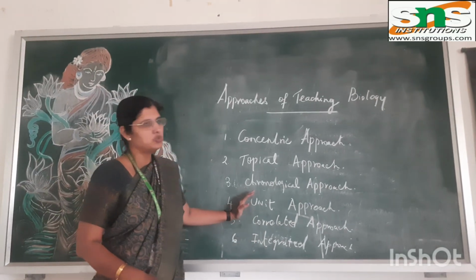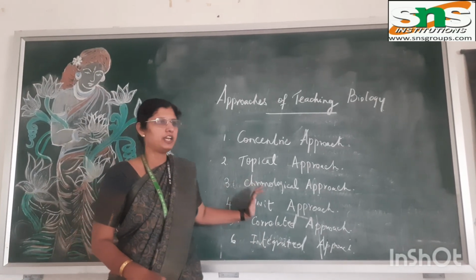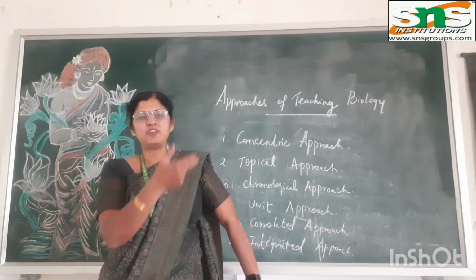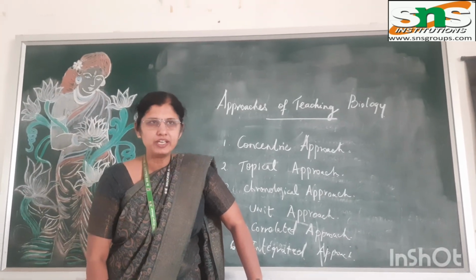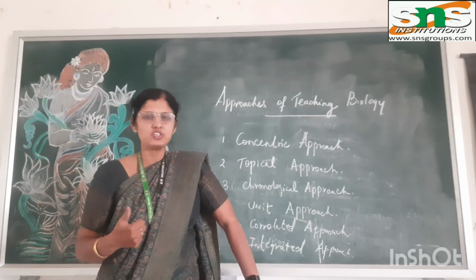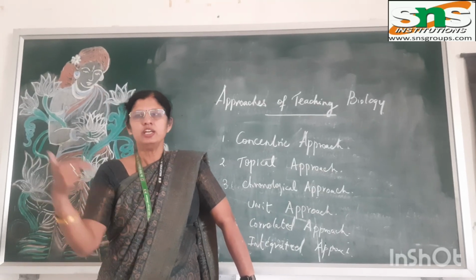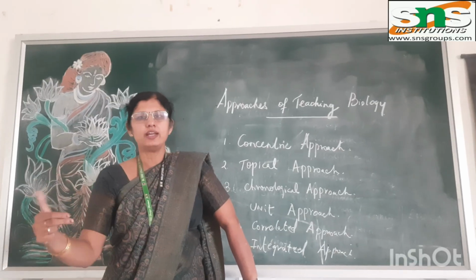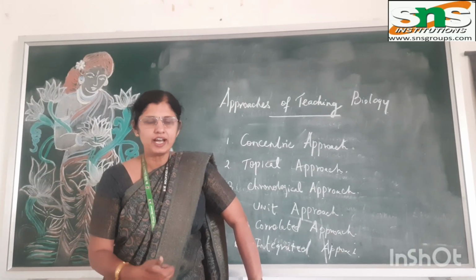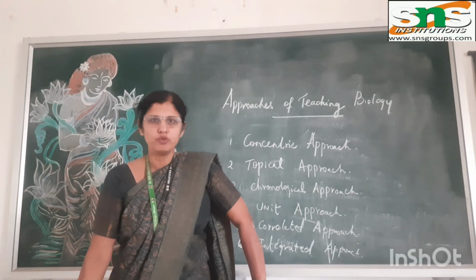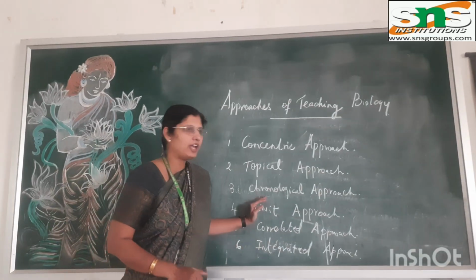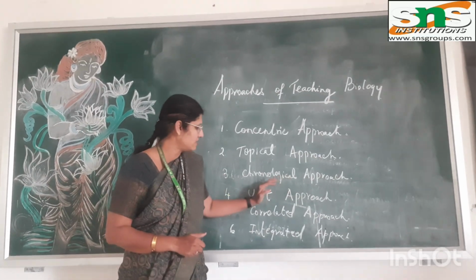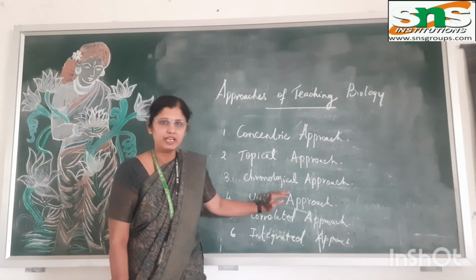And the next one is unit approach. Whatever we are taking, for example, when we take the biology sections, we start with the diversity of the living organisms, then cell structure, then immunology, then microorganisms, then mental health and hygiene, and last we end with environmental education. Based on the unit, we can start explaining the content, and the students feel very comfortable and at ease.